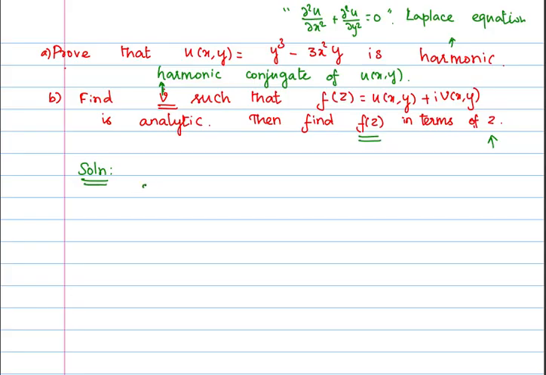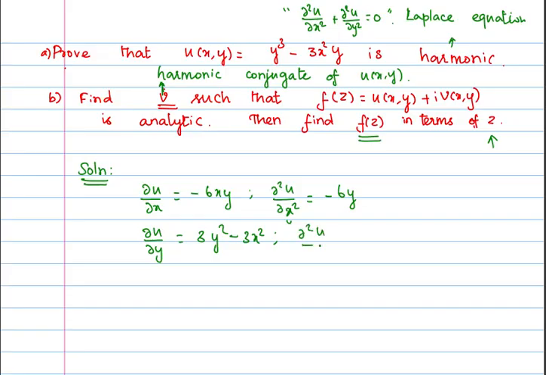First I will find du by dx, which is minus 6 times x times y. Then d square u by dx square is minus 6 times y. Next, du by dy is 3 times y square minus 3x square.